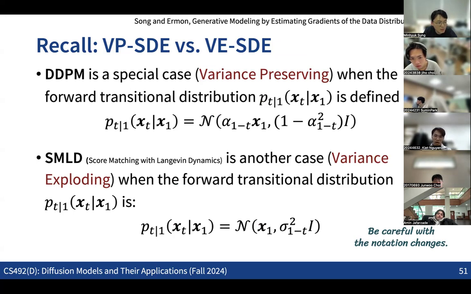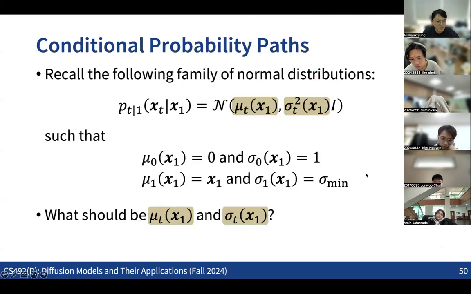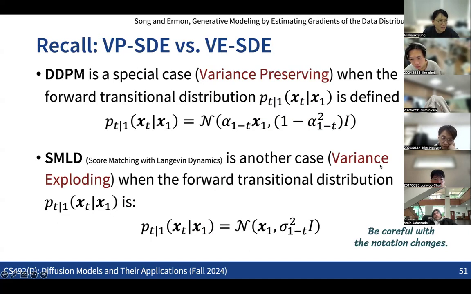Each of these was defined with a specific choice of the forward jump distribution, which means that we can consider using this specific form in our flow matching model as well, if they satisfy all the constraints. Actually, they do satisfy those constraints, so we can really consider using the same forward jump distribution as our definition of the conditional probability path, and then derive the flow map and also the conditional vector field as well. Make sense?